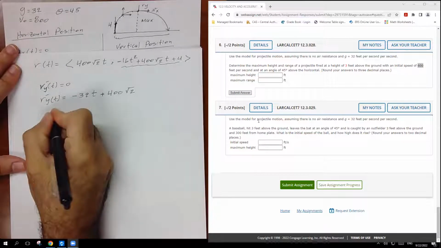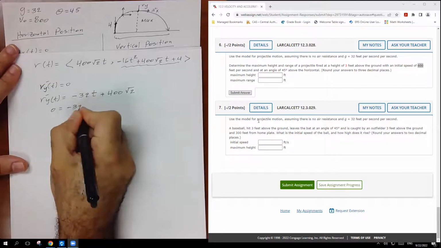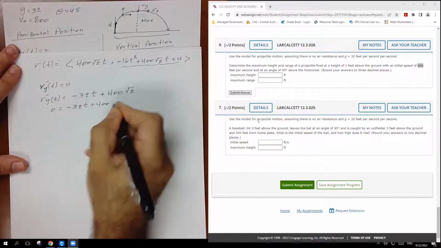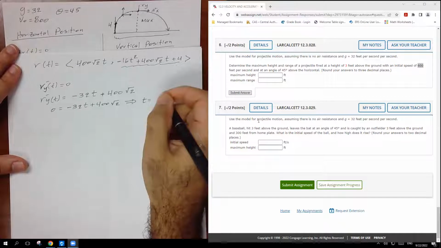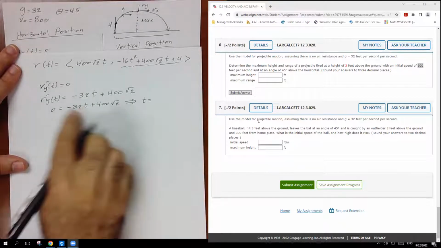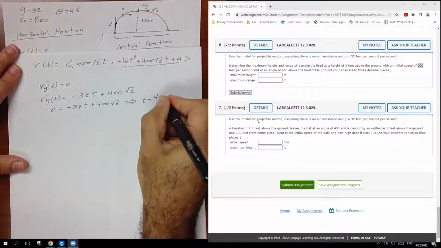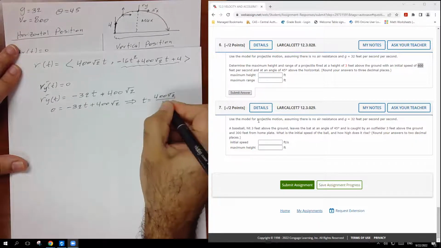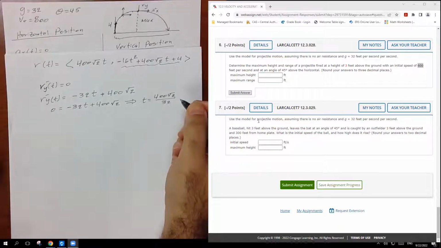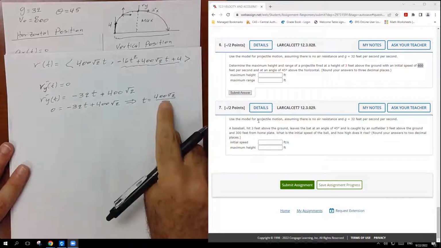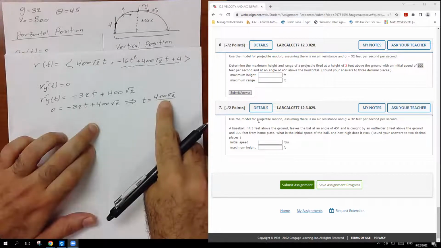Then this one equals 0. So 0 equals negative 32 t plus 400 square root of 2. That means t is going to be equal, moving this one to this side, 400 square root of 2 over 32. Simplify this one. 400 divided by 32 is going to be a decimal number, so simplify by 8, divide by 16.